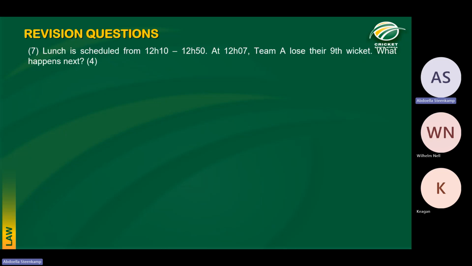Last one for the day. Okay, so because Team A has lost their 9th wicket 3 minutes or less before the scheduled time for lunch, we will need to play an additional maximum of 30 minutes before we can take lunch.